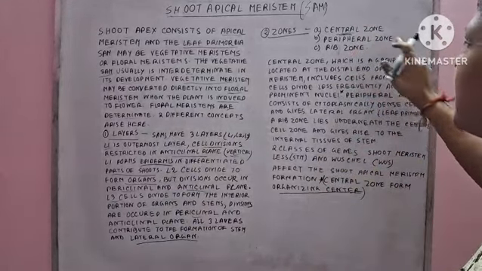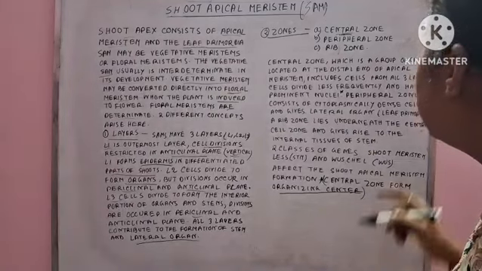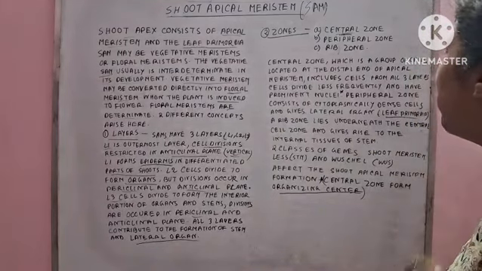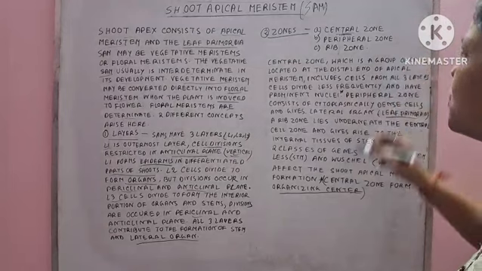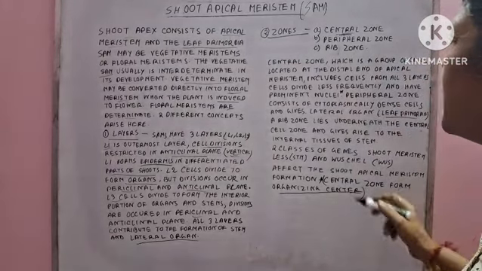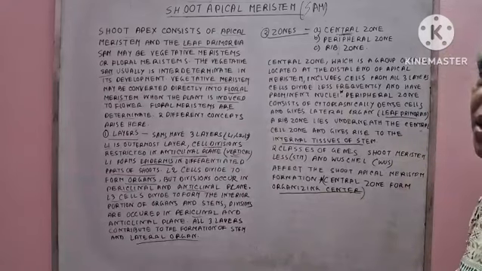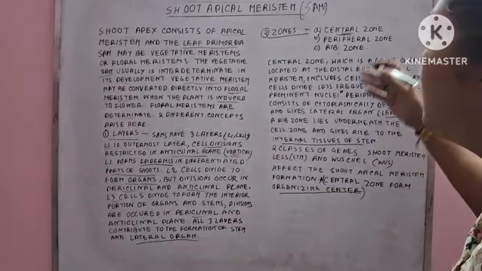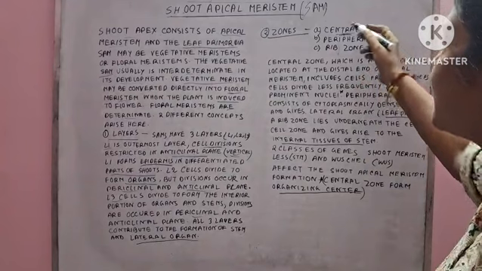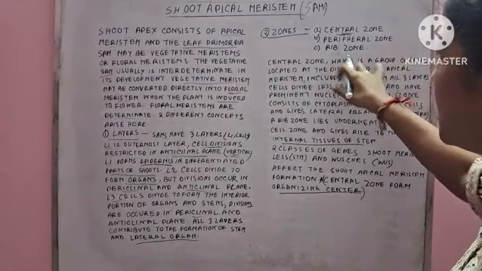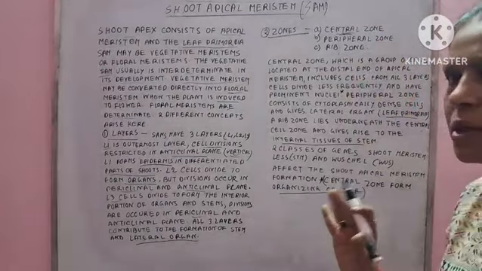The peripheral zone generally helps in the formation of the leaf primordium. And the rib zone generally helps in the formation of the internal tissues of the stem. Clear? Now we have to learn about the central zone, peripheral zone and rib zone according to the book.